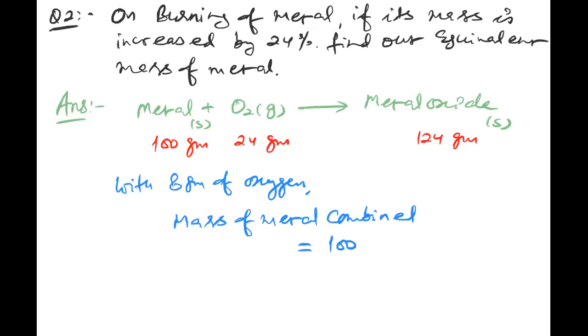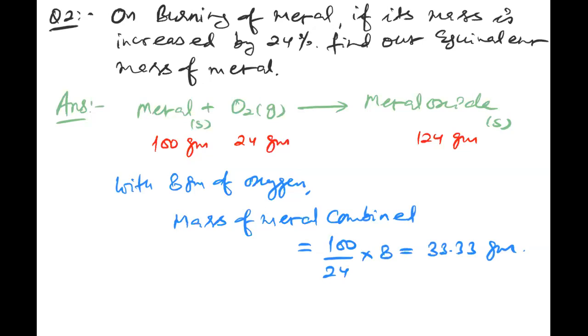So it is divided by 24 and multiplied by 8, and comes out to be 33.3 gram. So 24 gram of oxygen can combine with 100 gram of metal, so 8 gram of oxygen can combine with 33.33 gram of metal.